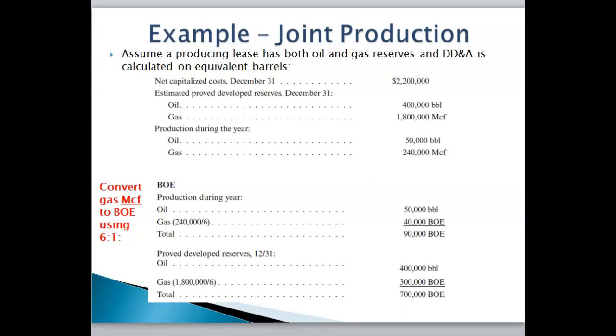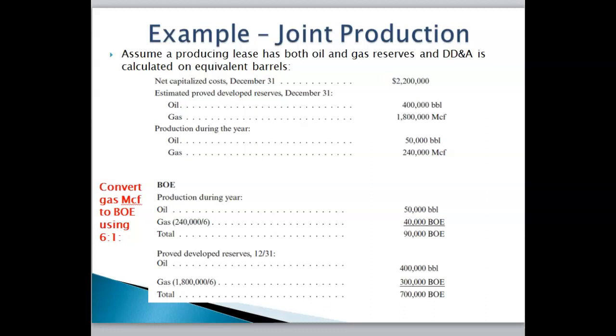We have estimated proved developed reserves. Our oil is 400,000 barrels. Our gas is 1.8 million cubic feet. We're going to take the 1,800,000 MCFs. We're going to divide that by 6 to calculate 300,000 barrels of oil equivalent.